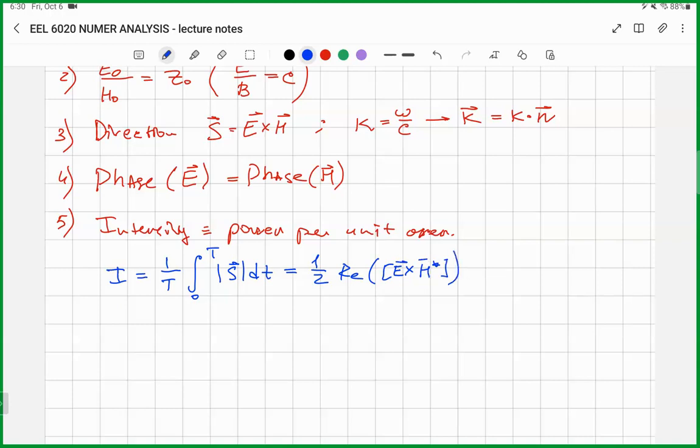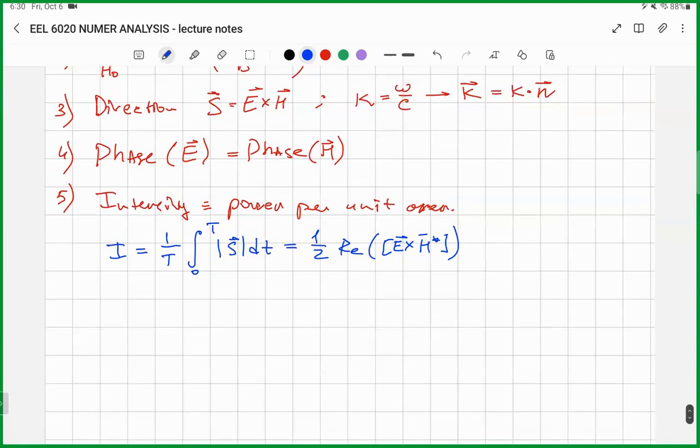In the case of a plane wave, magnetic field and electric field are connected through the wave impedance, so magnetic field is equal to electric field over impedance.